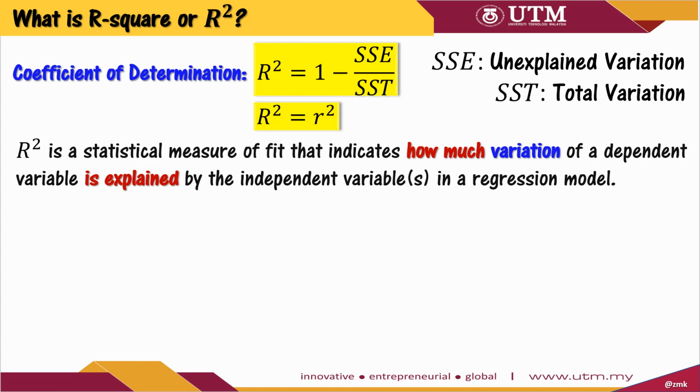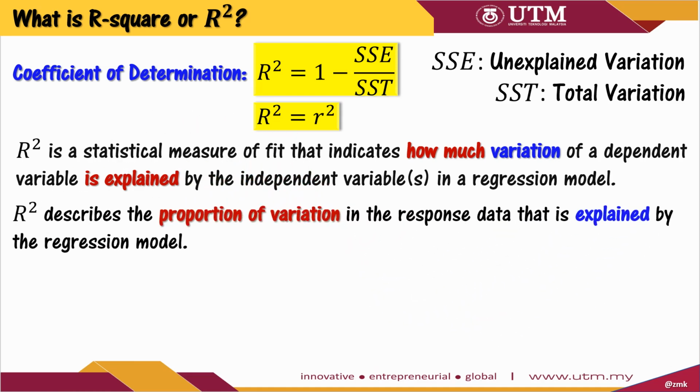In other words, R square describes the proportion of variation in the response data that is explained by the regression model. The value of R square can go from 0 to 1, or is usually quoted as a percentage from 0 to 100%.